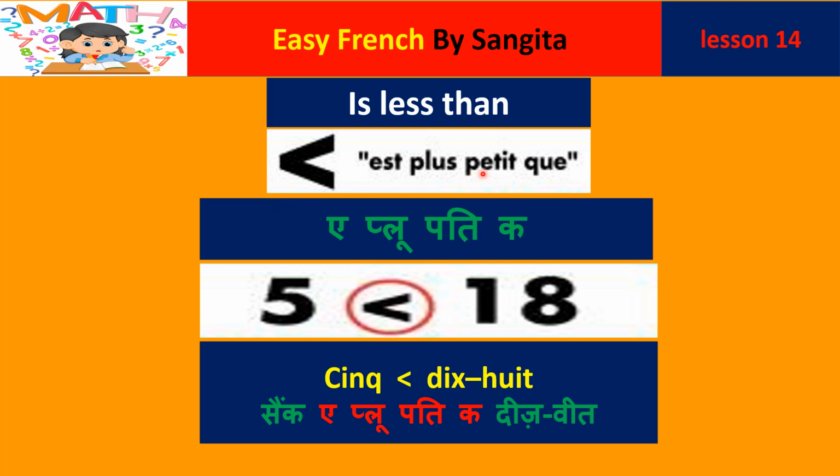So plus petit que, petit is small. So plus petit que means smaller than. So 5 is smaller than 18. So cinq est plus petit que dix-huit. So 5 is lesser than 18 in French.